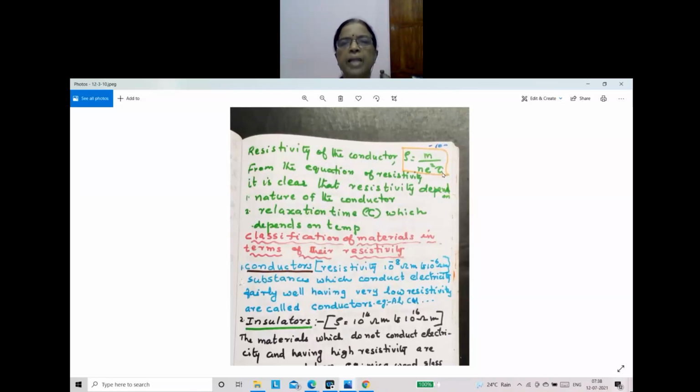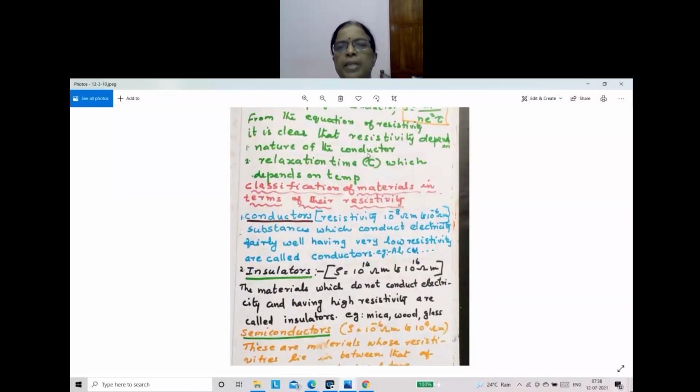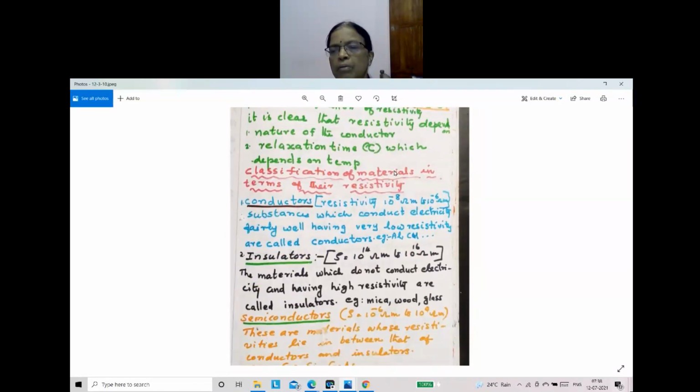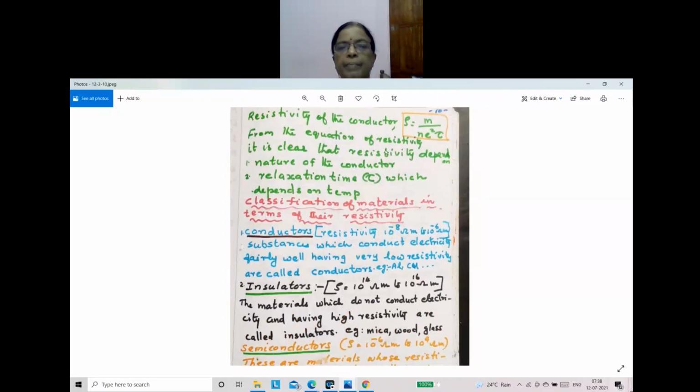So that you should know the factors on which resistivity depends: nature of the conductor and relaxation time. Then classification of materials in terms of their resistivity. This resistivity is a very important property of the material, and based on that property, materials are classified. Some materials have very high resistance and thereby very high resistivity.